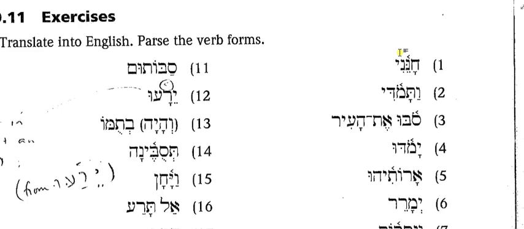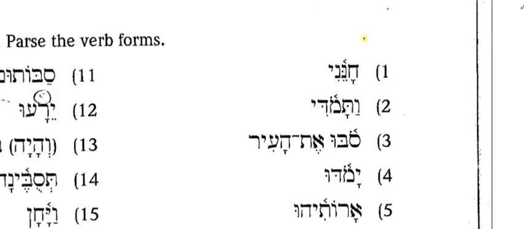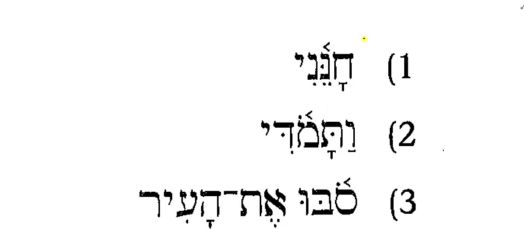Let's look at number 1. We have a problem here on number 1 just with even knowing how to pronounce this little sucker, right? How do you pronounce that little symbol that looks like a T under the chet? Is that a qamets or a qamets chatuf? What do we got going here?